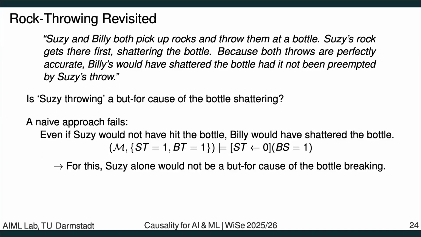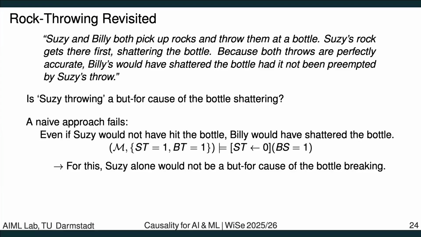The problem here is if we take the naive approach and just intervene on Susie throwing the stone, the bottle will still shatter because Billy will also throw the rock, and we will observe no change in our entailed statement. So we might need to think about conditions under which we introduce additional interventions that still give a consistent logic that allows us to say that Susie is the but-for cause.